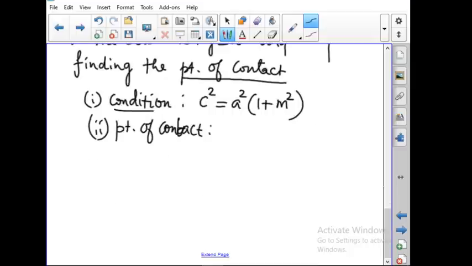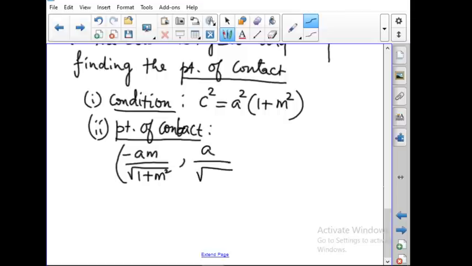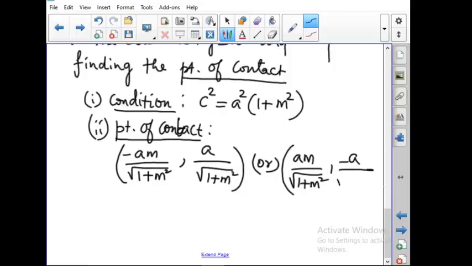The point of contact is minus am divided by root of 1 plus m square, comma a divided by root of 1 plus m square, or otherwise we can use another formula, where the minus sign is moved to the other side: am divided by root of 1 plus m square, comma minus a divided by root of 1 plus m square. Any formula can be applied to find the point of contact when the given line is a tangent to a circle.